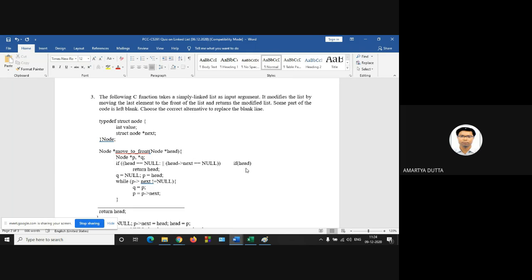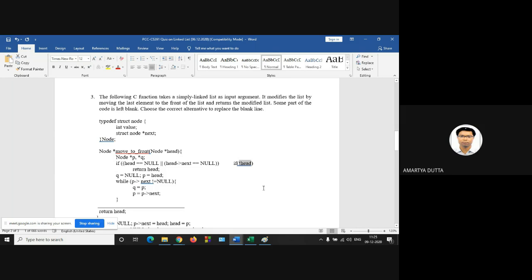Head has a value, so head is not null. So if not head, this means head is null. This is equivalent to this notation. Is it clear to everyone?